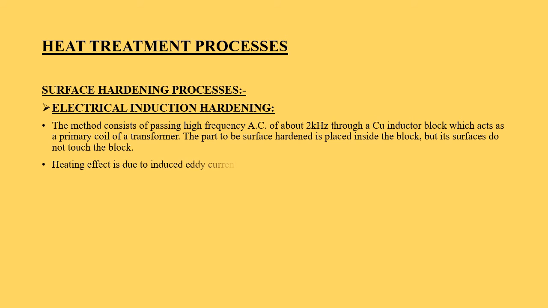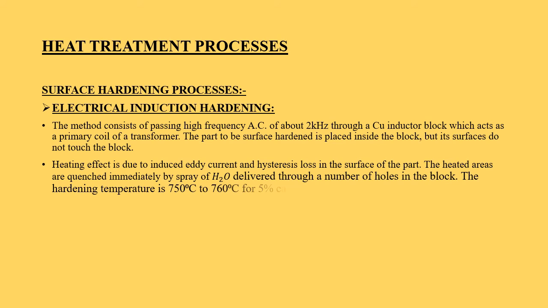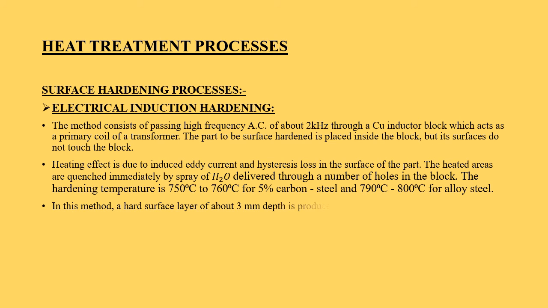The heating effect is due to the induced eddy current and hysteresis loss in the surface of the part, and then the heated areas are quenched immediately by the spray of water which is delivered through a number of holes in the block. The hardening temperature is about 750 to 760 degrees centigrade for 0.5% carbon steel and 790 to 800 degrees centigrade for alloy steel. In this method, a surface layer of about 3 mm depth is produced in 5 seconds.